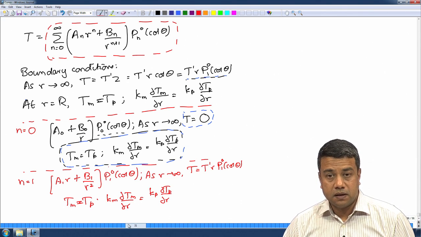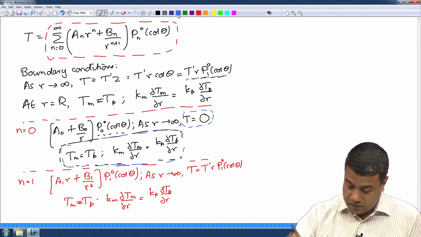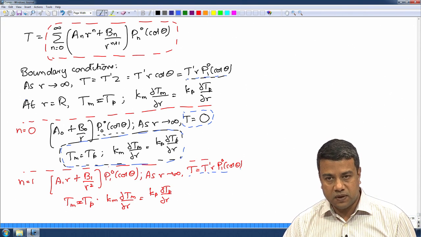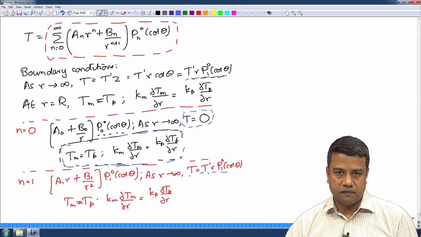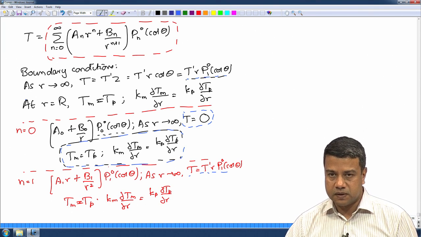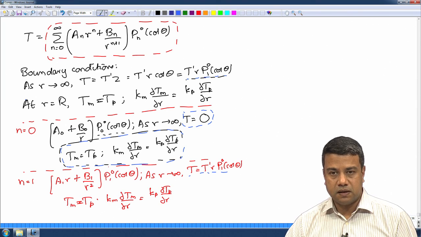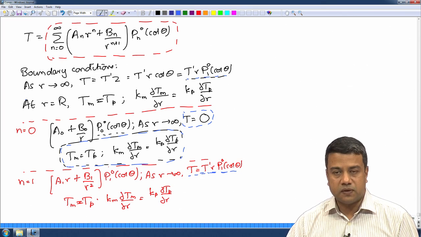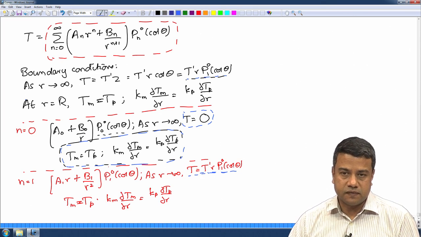Now, this has a non-trivial solution, because I have a non-trivial forcing in the P1 Legendre polynomial. Therefore, this will have a non-trivial solution. I cannot just use temperature is equal to 0 as the solution, because it does not satisfy this boundary condition in the limit as r goes to infinity.